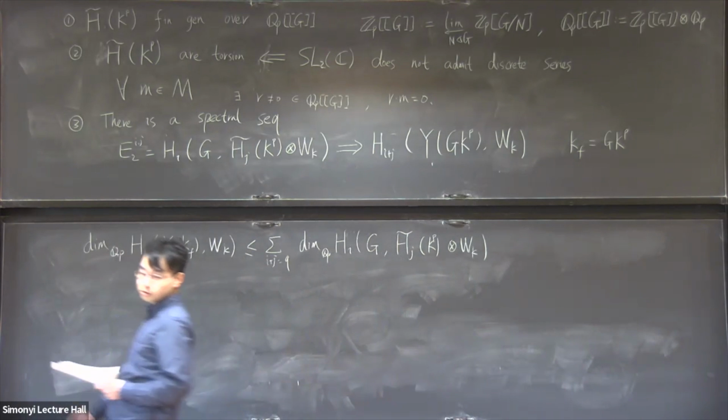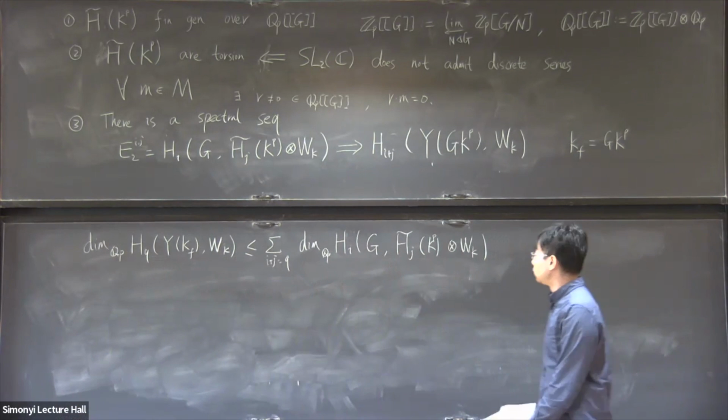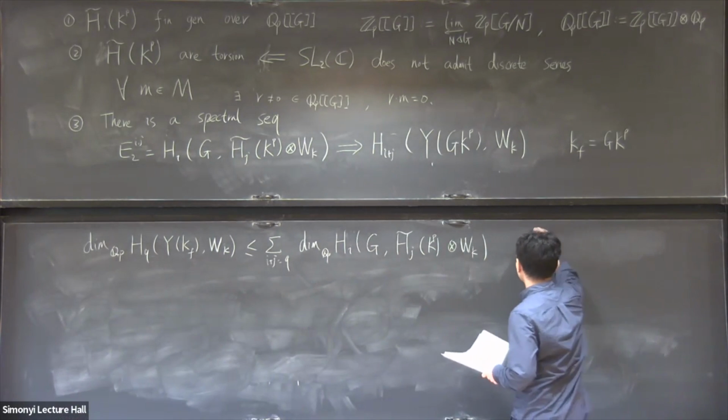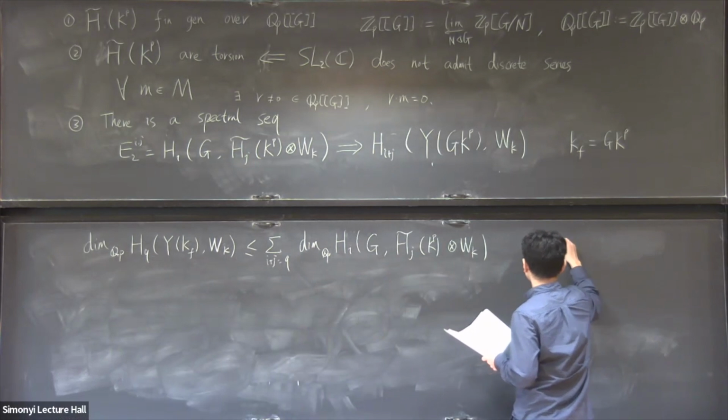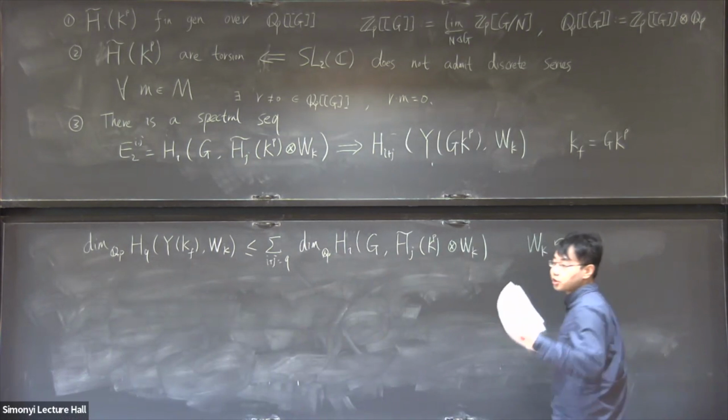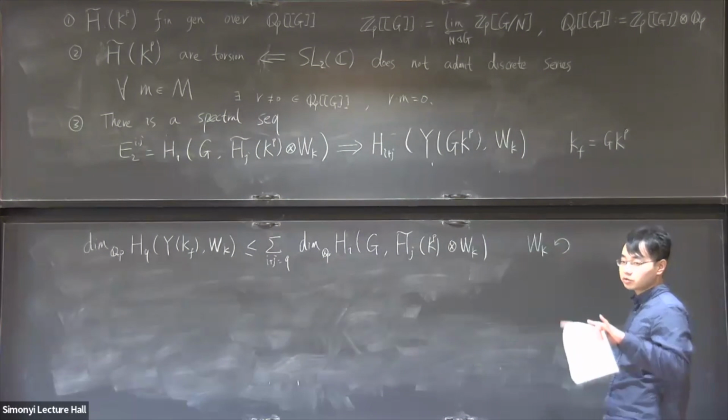Sorry, can I ask another? What is W_k here? What kind of representation is it? It's the same thing as before, but now I shift from the archimedean place to the p-adic place.